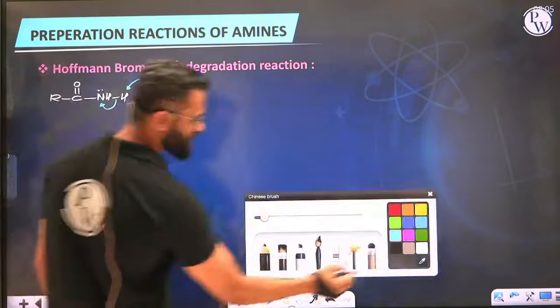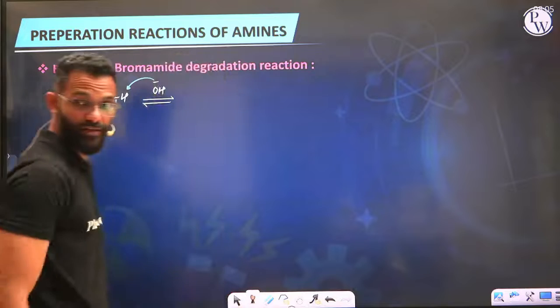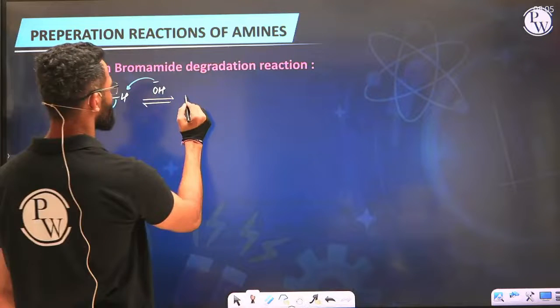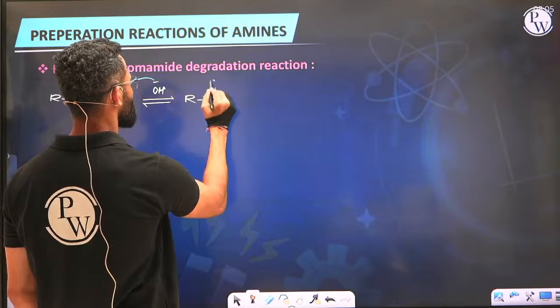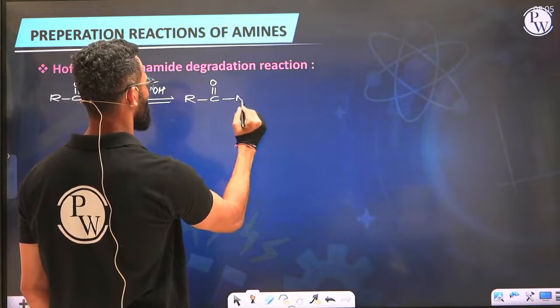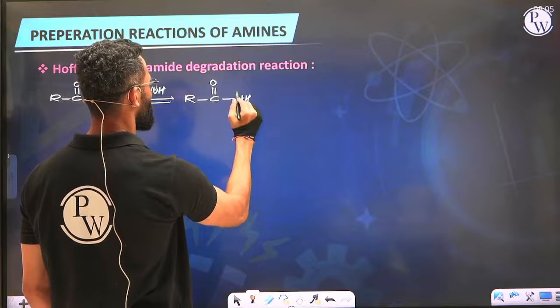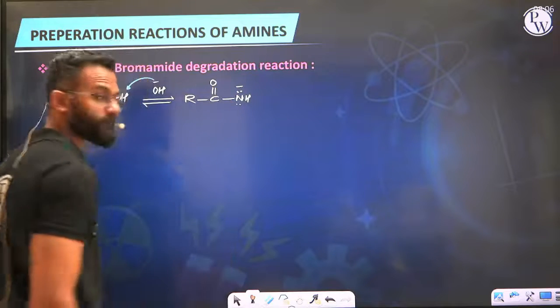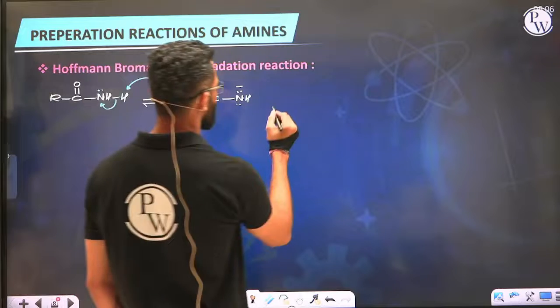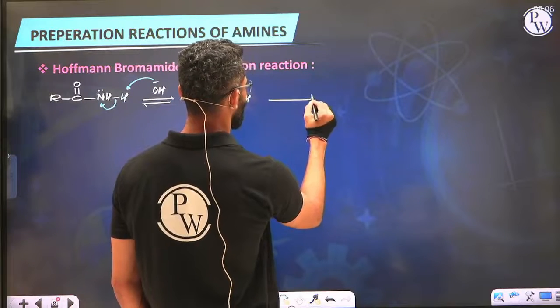That's how it will make nitrogen electron rich. So N became electron rich, and we have R-C double bond O-NH with two electron pairs and a minus. Now this electron rich nitrogen is all set to attack at bromine.